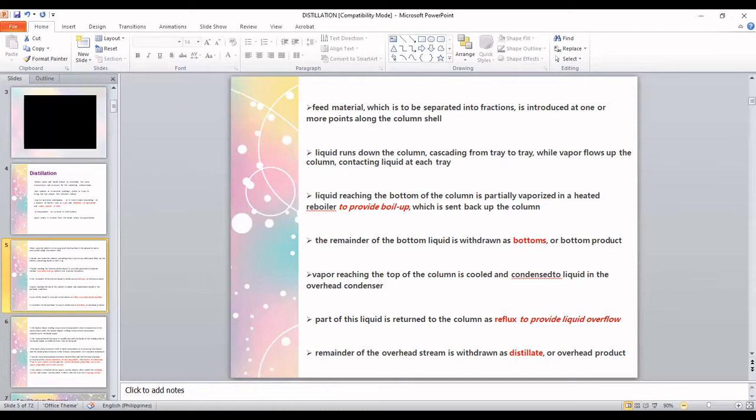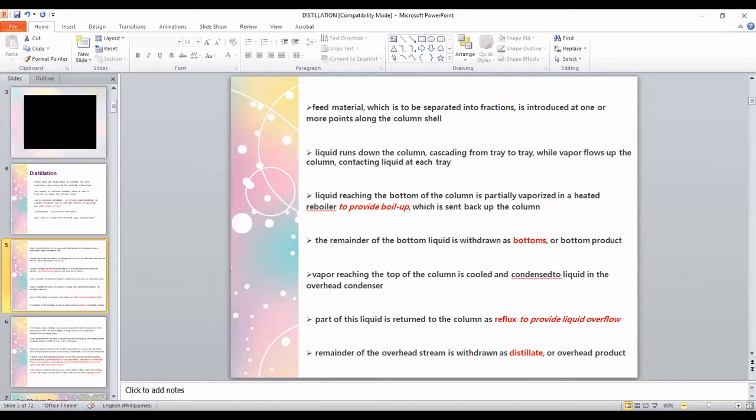So part of the liquid is returned to the column as reflux to provide liquid overflow. Later, when I show you the simplest illustration of the distilling column, we have what we call the reflux liquid. It is part of the vapor that has been turned into liquid by your condenser that is returned back into the column to provide what we call the liquid overflow.